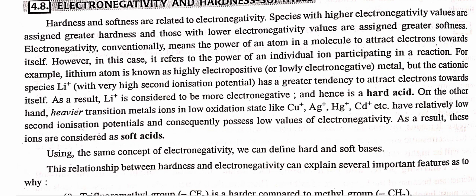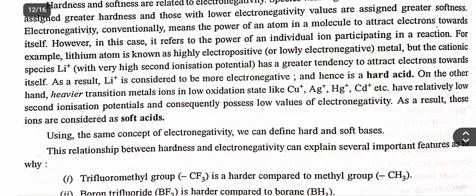On the other hand, heavier transition metal ions in low oxidation state like Cu+, Ag+, Hg+, Cd+, etc. have relatively low second ionization potentials and consequently possess low values of electronegativity. As a result, these ions are considered as soft acids.